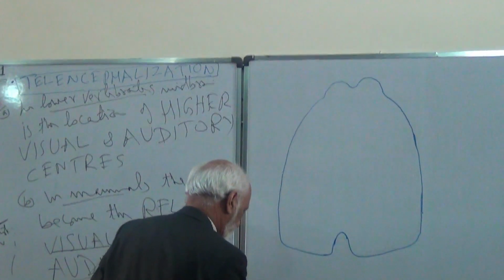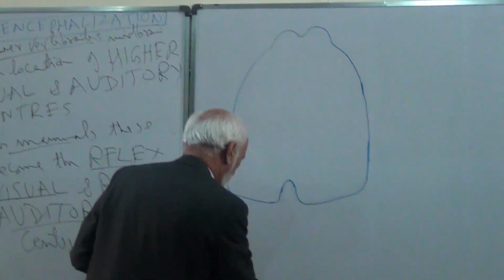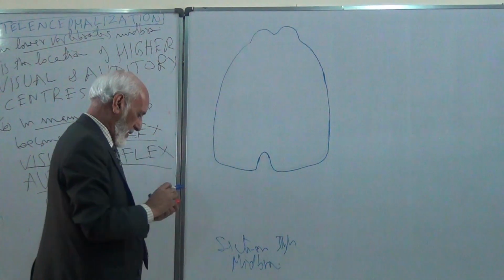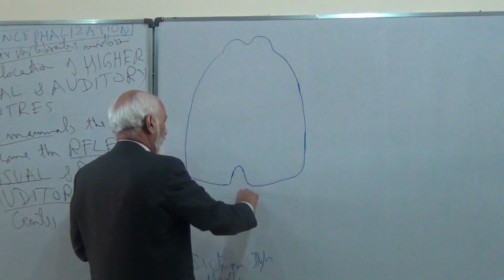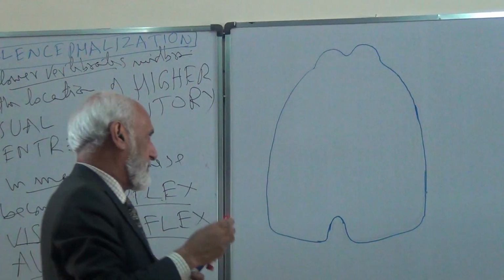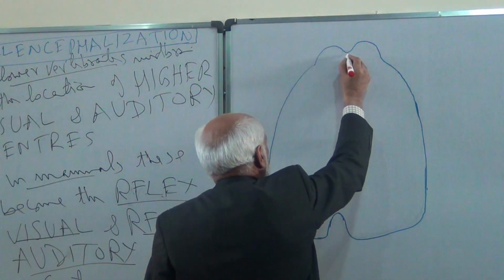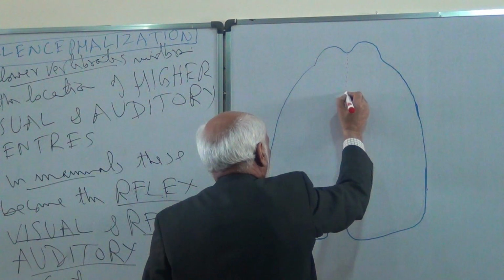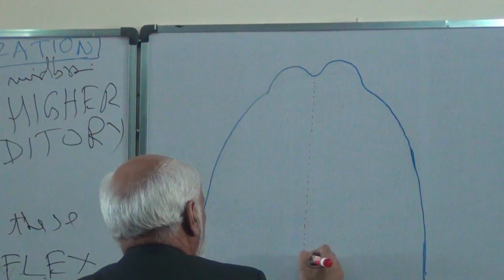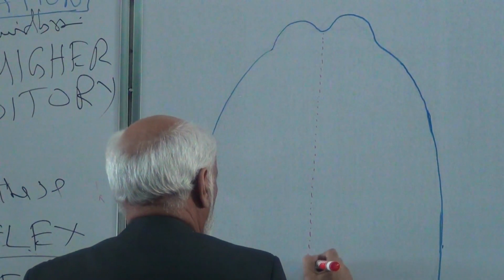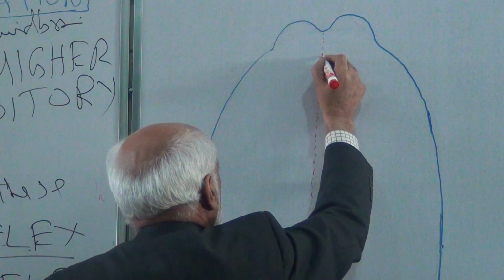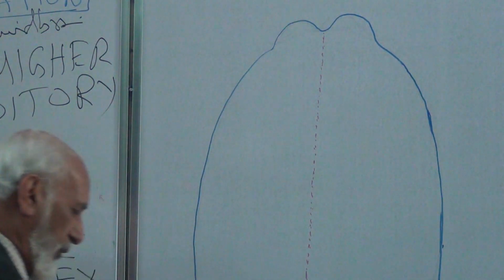This is the ventral view, this is the dorsal view, and this is the section. This is an imaginary line through the middle of the midbrain, so right half and left half.